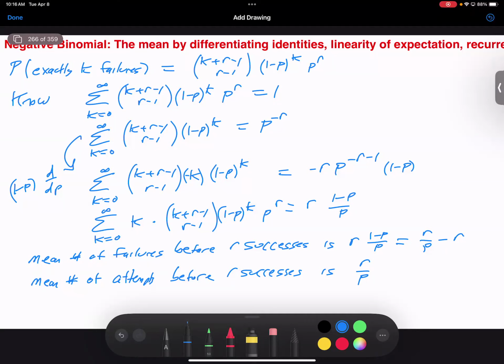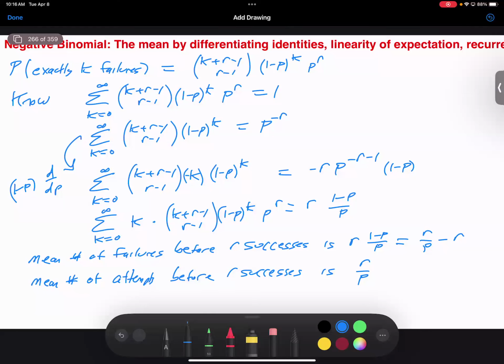What this is saying is there is an interpretation to what we have here. Because it's R over P, you can view this as, hey, wait a minute. This is almost like I wait for my first success, and after succeeding my first time, I wait for my second success, and then I wait for my third success.